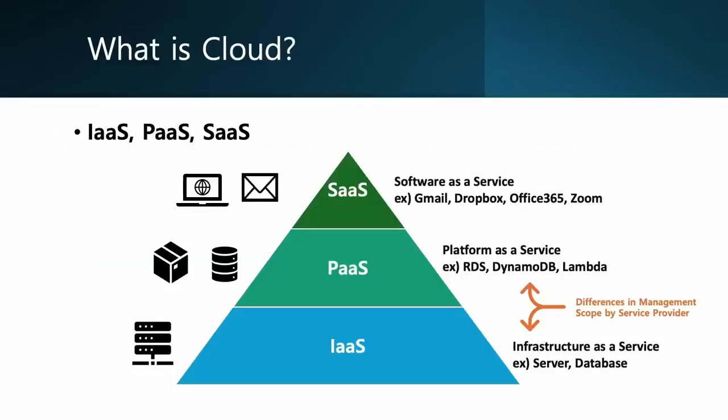These convenient cloud services are largely divided into three types: IaaS, PaaS, and SaaS, based on the virtualization stages we looked at earlier. IaaS is an infrastructure service. PaaS is a platform service, and SaaS is a software service. First, IaaS is the lowest level of virtualization.